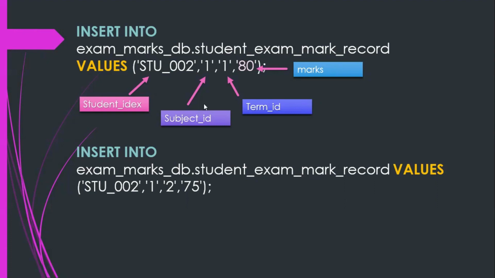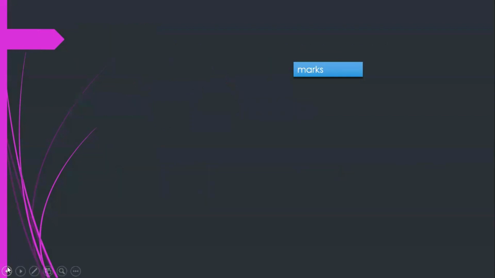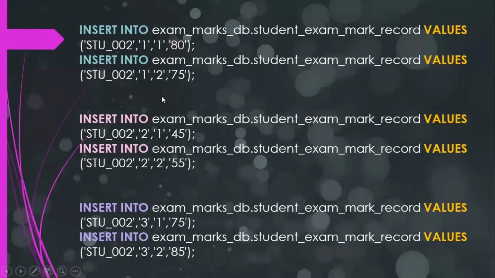If we move on to our next query, we can tell student ID 2 has obtained 75 marks for maths in the second term. Y'all can see that over here, I have added 2. So 2 is for second term. Over here, if I show y'all these queries, student ID 2 has obtained 80 marks for maths in first term and 75 marks for maths in second term.